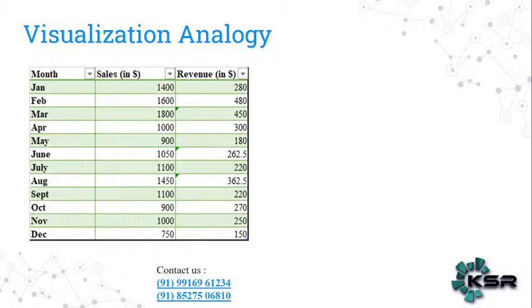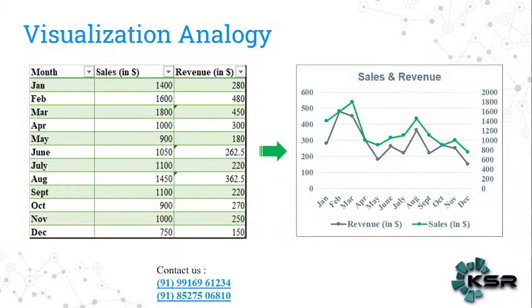But if you keep that as a visual, now easily you will be able to answer. Now, not only these 4 questions you're able to answer, like which month is giving the highest sales, which month is giving the lowest sales, you can also see the trend and pattern in this data set. We know that at the start of the year, that is January, February, March, the sales is higher, and then in between it is down.